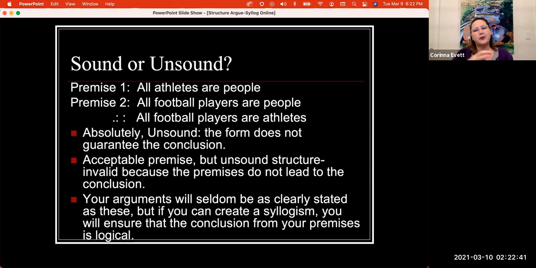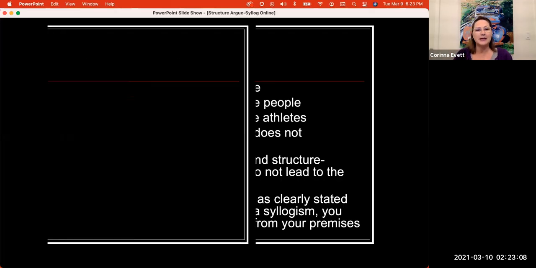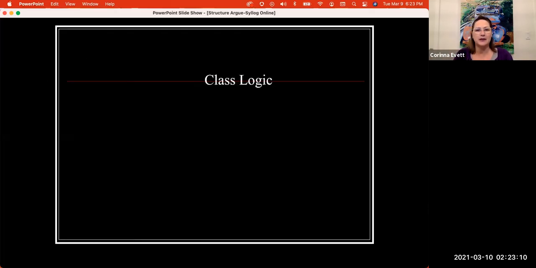But either way, the principles in putting things in syllogistic form, analyzing things in syllogistic form can be applied to any argument. And you should be thinking about these things when you're looking at your conclusions, your major claim, your thesis statement, or your premises, your reasons, your evidence, as you are constructing your own arguments and analyzing other arguments.